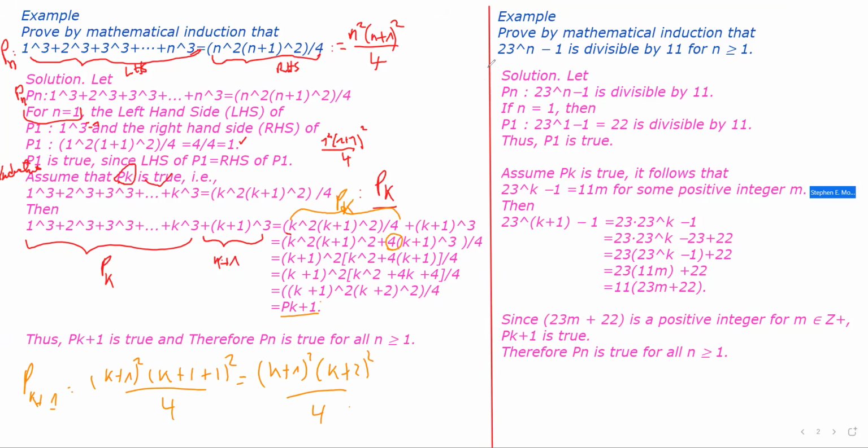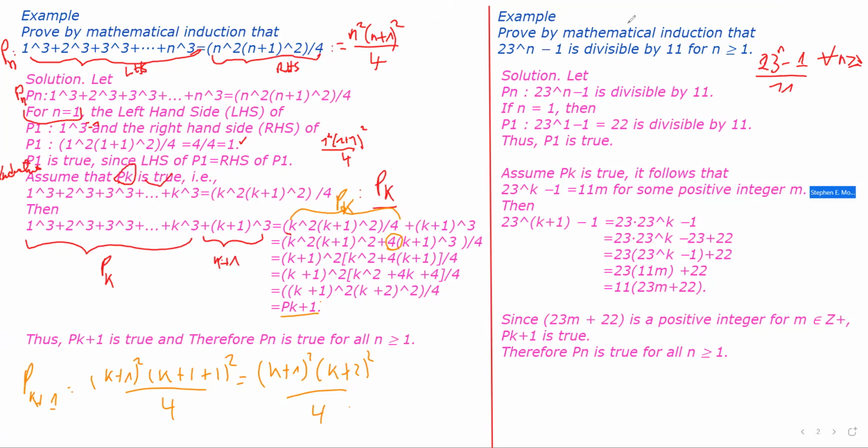In this third example, I want to prove by mathematical induction that 23 to the power n minus 1 is divisible by 11 for all n greater or equal to 1.